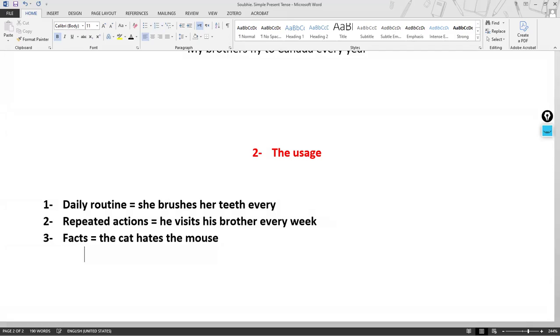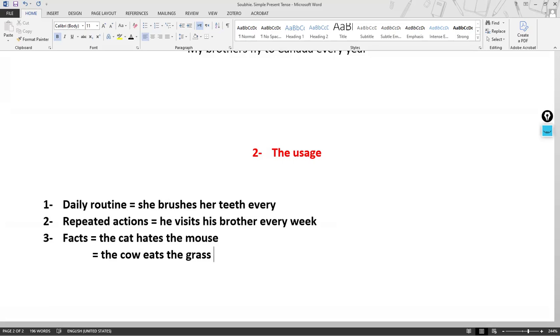If I want to say, for example, the cow eats the grass. We notice that all cows all over the world eat grass. Millions of years ago the cow ate grass, and even after millions of years, the cow still eats grass.